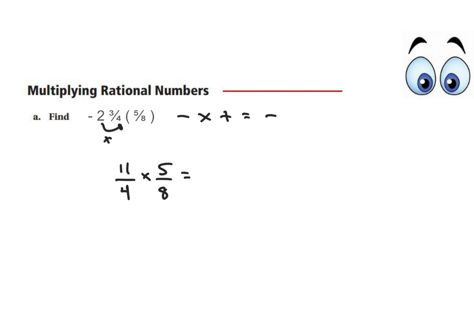5/8. Now to multiply fractions, we just multiply straight across the numerators and straight across the denominators. So I end up with 55 for my numerator, and my denominator is 4 times 8, so that's 32.